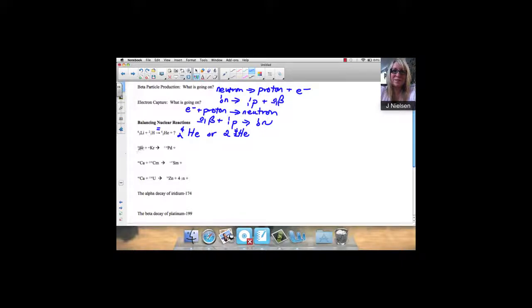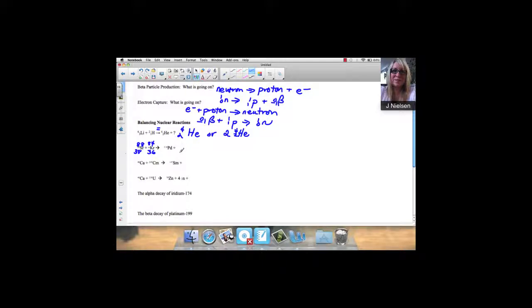Here we have strontium, and this says a mass of 88, and it has an atomic number, which we get from the periodic table, 38. You have krypton with a mass of 84, and it has an atomic number of 36.